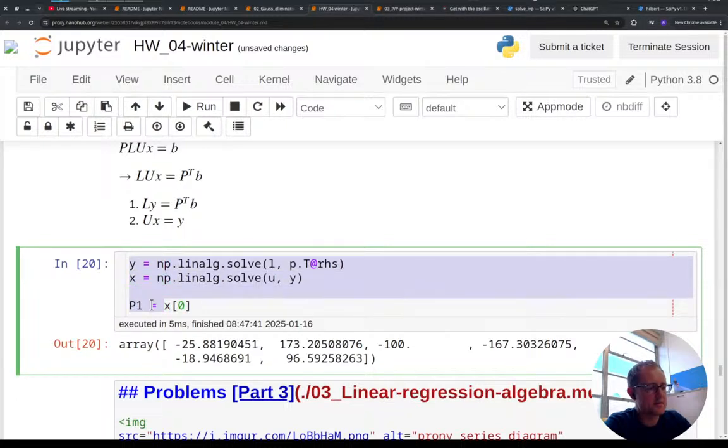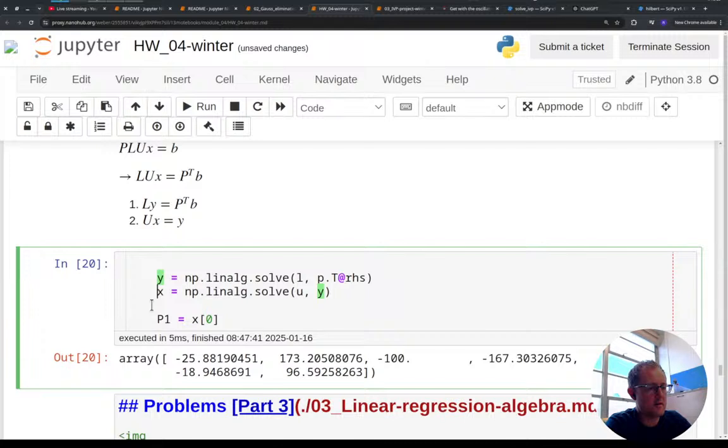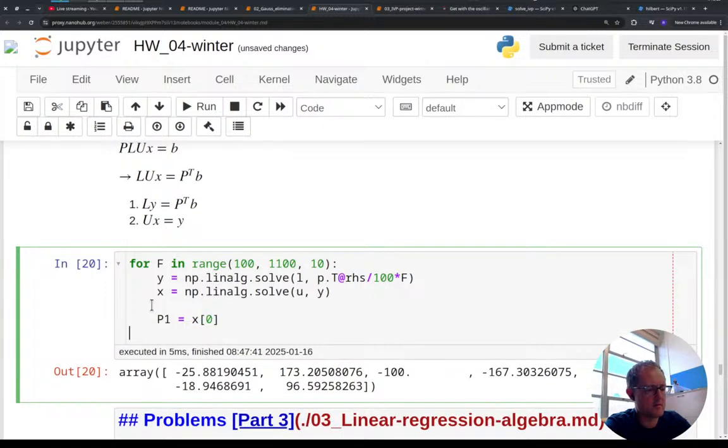And let's just take all this, bump it over. And we'll say this is going to be divided by 100 times F. I guess I should say 1101 if I actually want to include it.